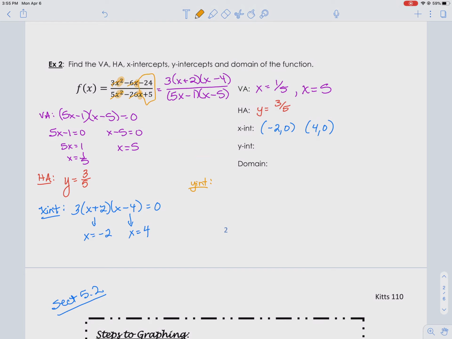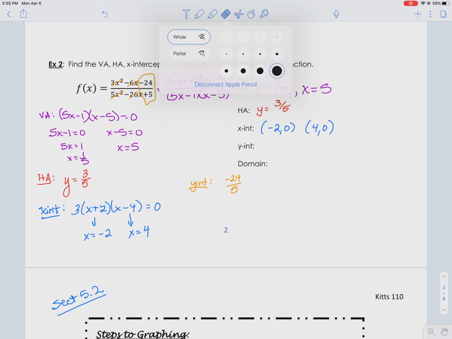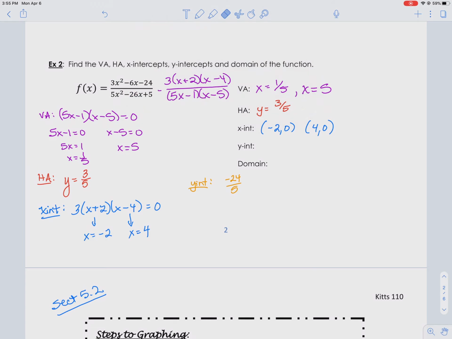The y-intercept is going to be negative 24 fifths. We're going to write that as a point. So that's going to be the point (0, -24/5), which when we actually would graph that would be negative 4 and 4 fifths.